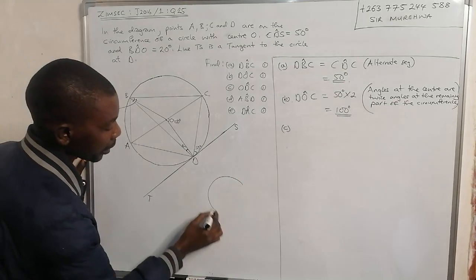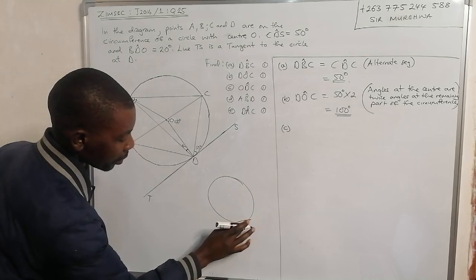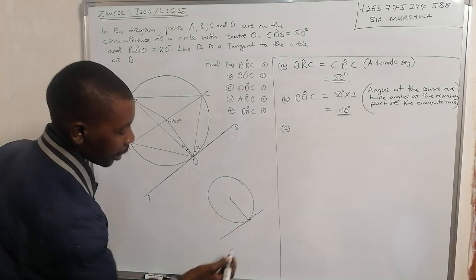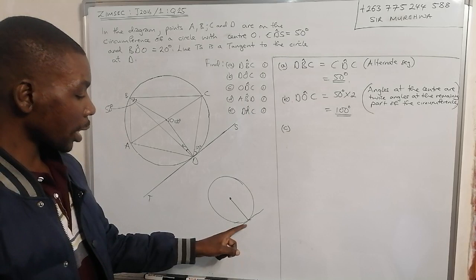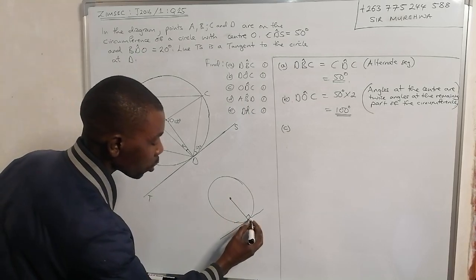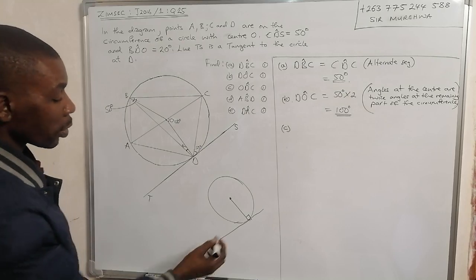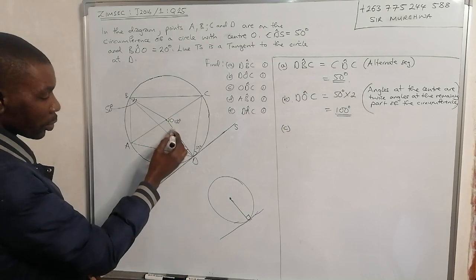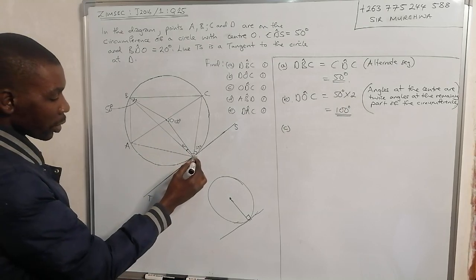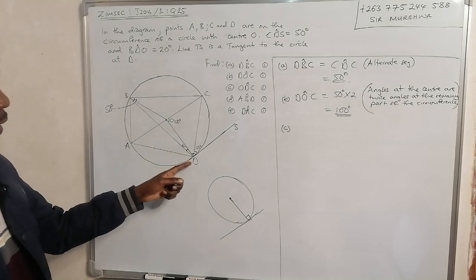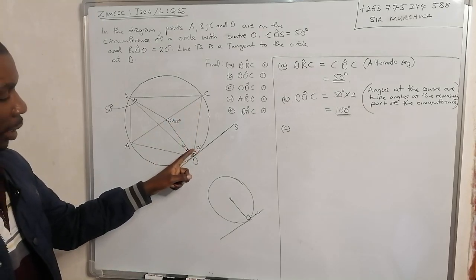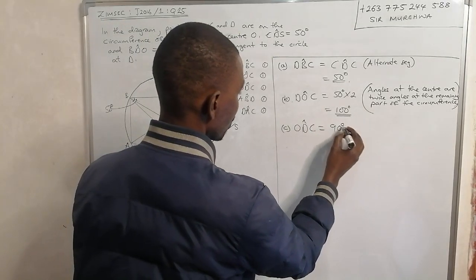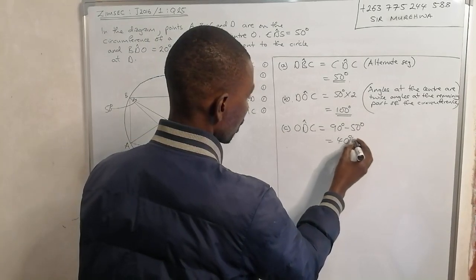Property number 1 under tangents states that a tangent to the circle is perpendicular to the radius drawn to its point of contact. So tangent TS is perpendicular to this radius, and in this case we have 90 degrees here. So for ODC, we are going to say 90 minus 50, and that will give us 40 degrees.